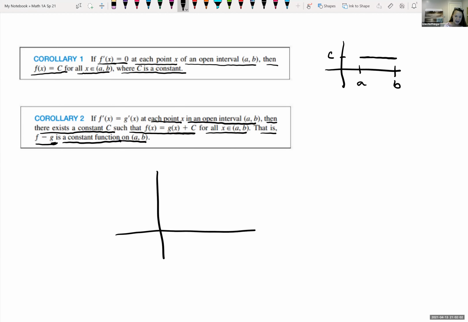Basically, all it's saying is we're taking some function f of x. So maybe this is our graph of f of x. In order to get the derivative to be the same anywhere on this, it could be the same function, and that constant would be 0. Or we can shift this up. So we're just adding some constant to this. If I added some constant here, notice that it would be the same shape. It would just be shifted up, in this case, c units.